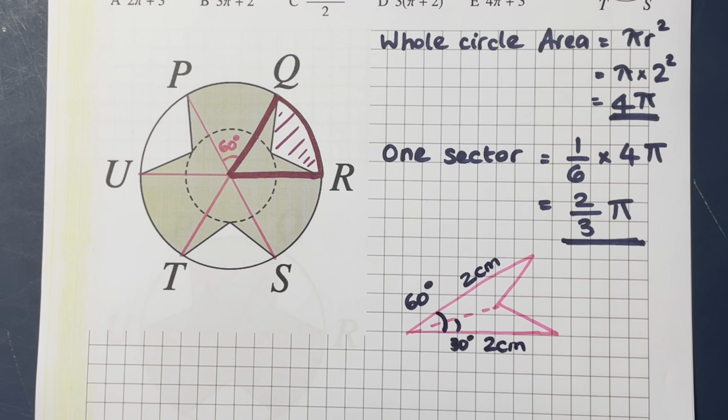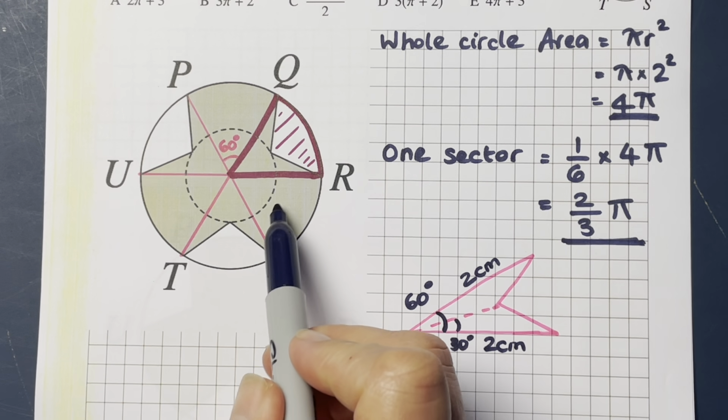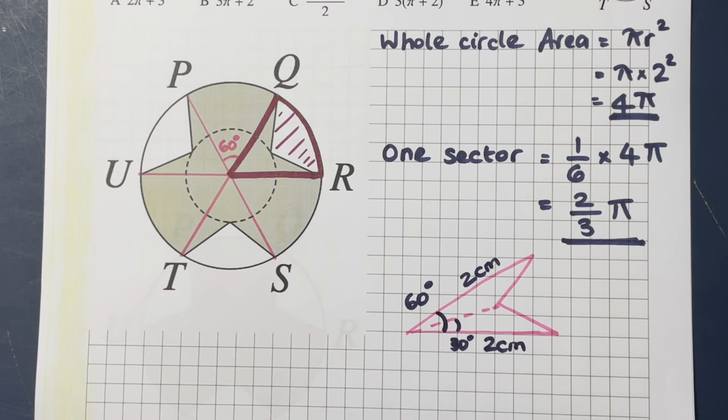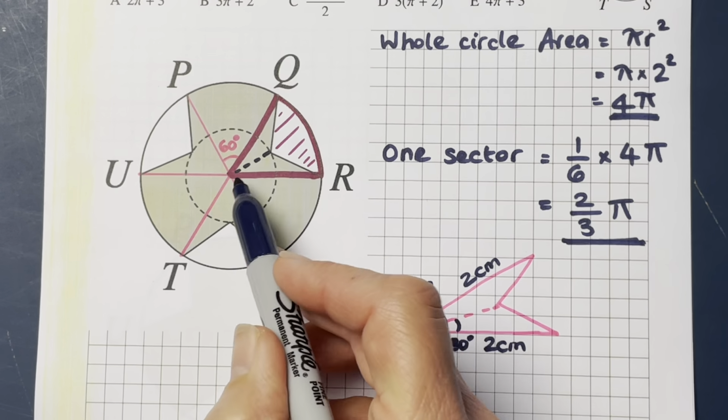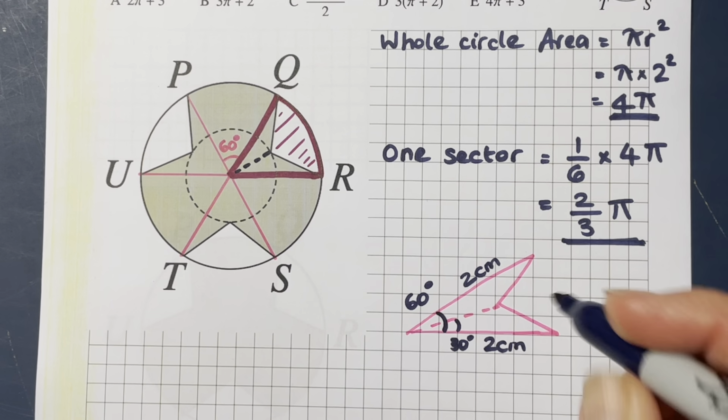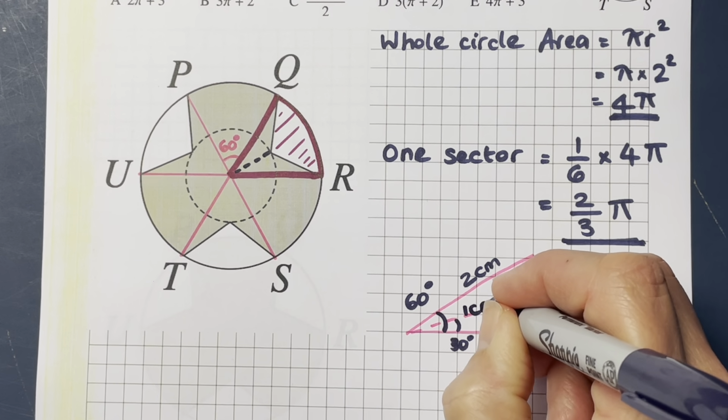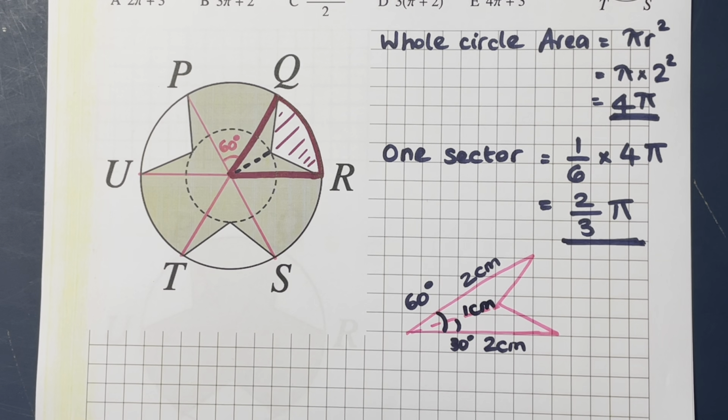I also know that this inner circle here has a radius of 1. So I know that this distance here is this distance here, and it is therefore 1 centimetre.